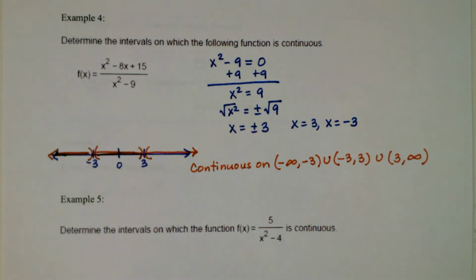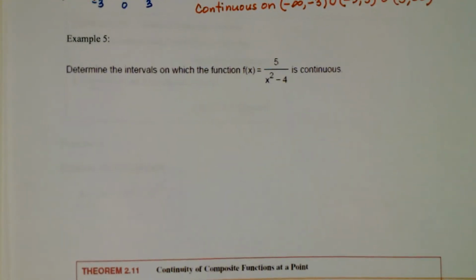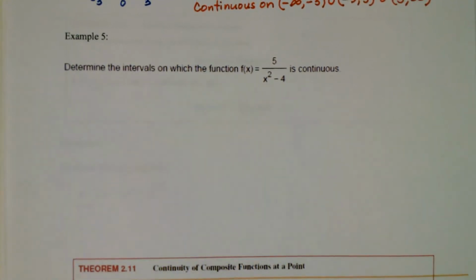All right, here's one more of these. Here I want to determine the interval on which this function f of x equal to 5 over x squared minus 4 is continuous. So in this case, we again have a rational function.